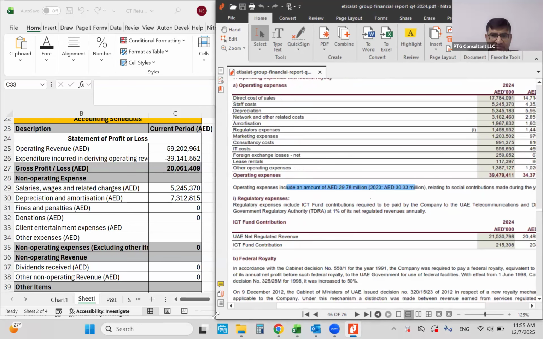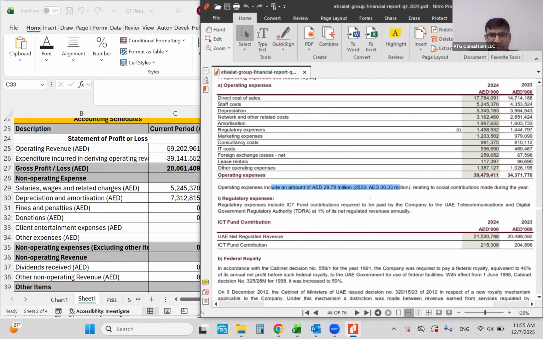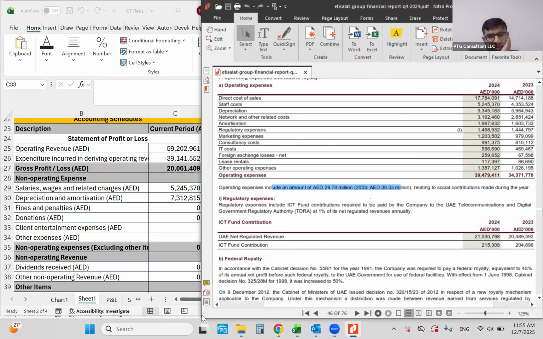Now it's readable. Under operating expense, 29 million social contribution made during the year. Now we have to see the social contribution. Is any other note there or not?